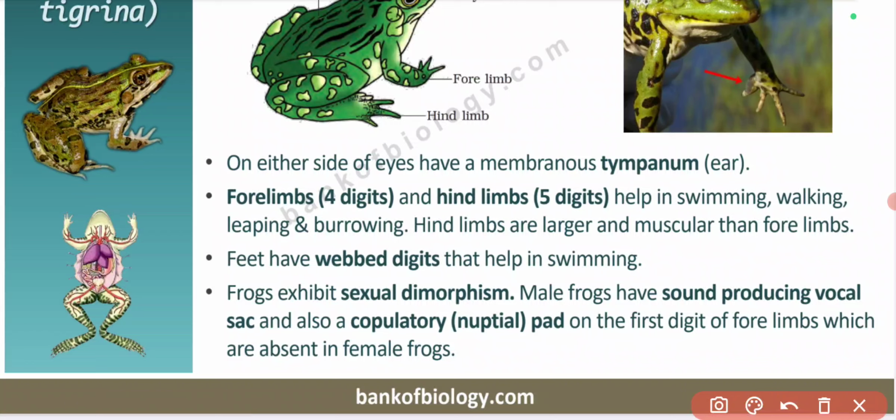Male frog has a sound producing vocal sac, which is present only in the male and absent in the female frog, and a copulatory pad on the first digit of the forelimb, which helps during copulation. These two separate the male frog from the female frog, because in the female frog these two are absent.